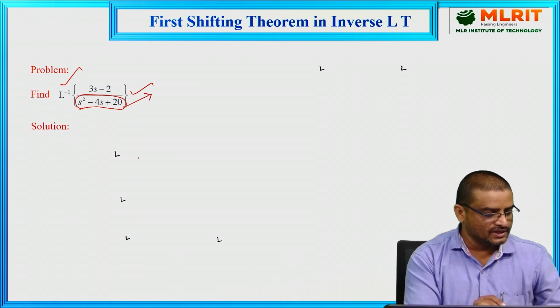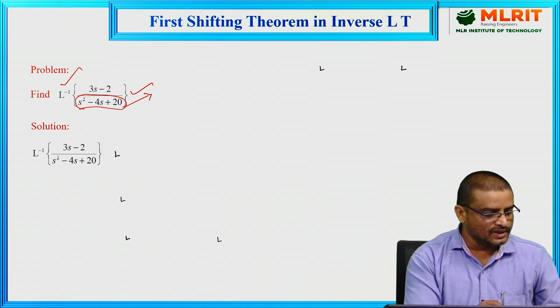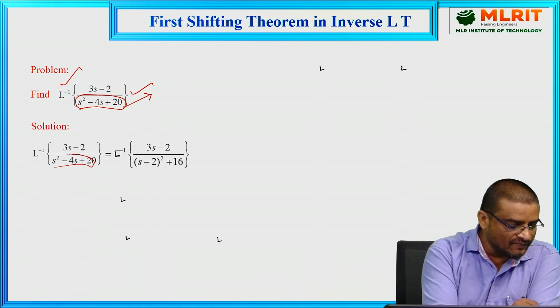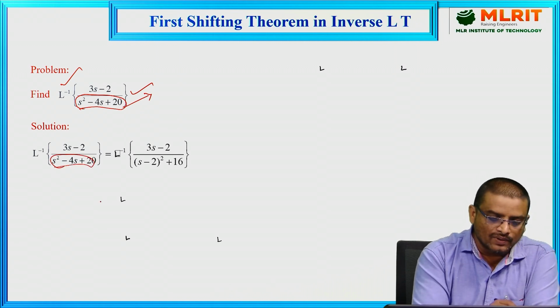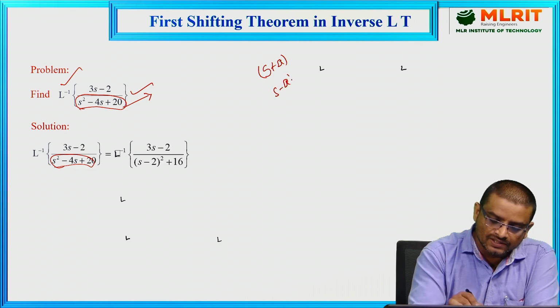Now let us take this. L inverse of 3s minus 2 by s square minus 4s plus 20. It is not possible to split into linear factors. Now what I want to do is convert the denominator either in the form of s plus a or in the form of s minus a.